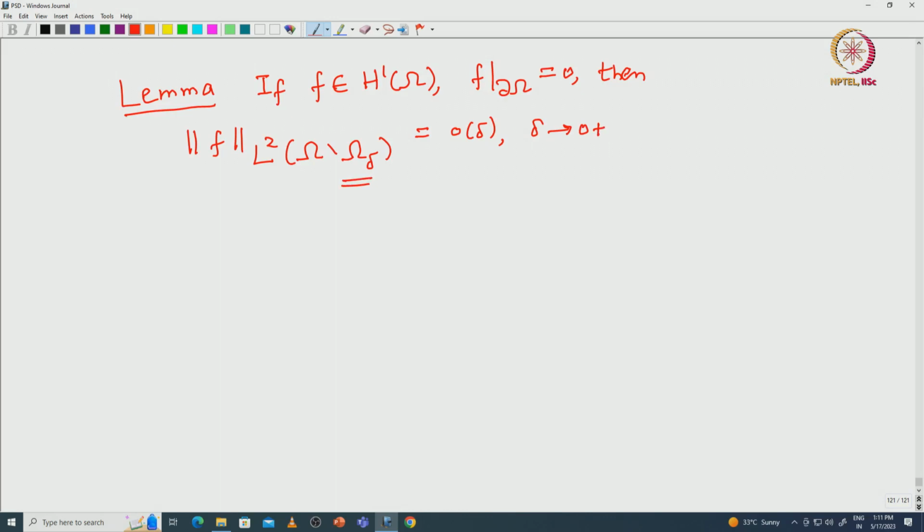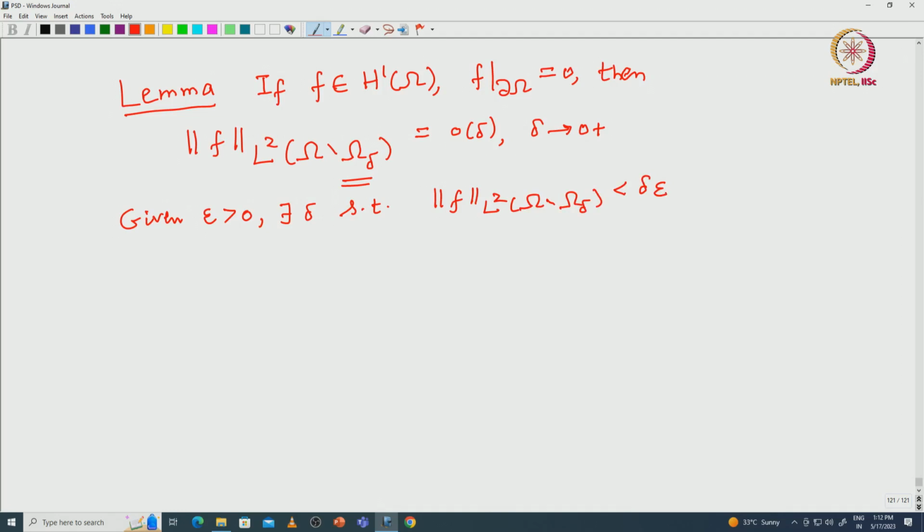When you divide by δ, if you want to write it in terms of epsilon and delta, this means given epsilon positive, there is delta that depends on epsilon, such that the L2 norm of f over Ω_δ is less than δ epsilon.